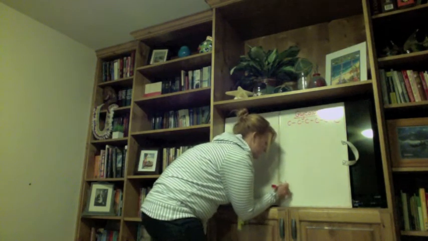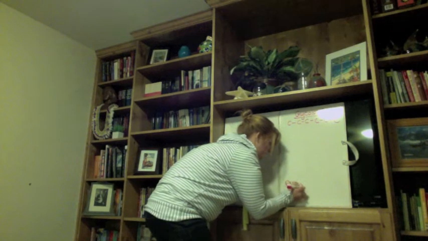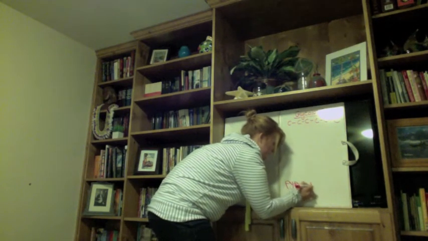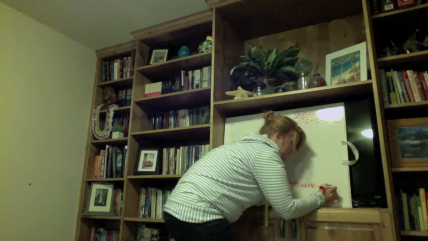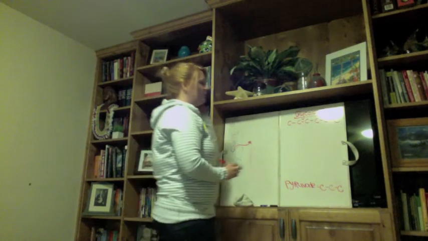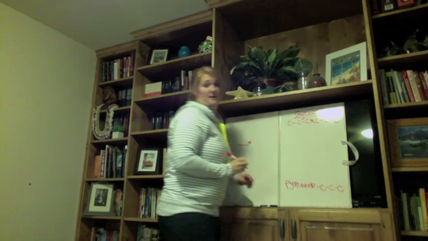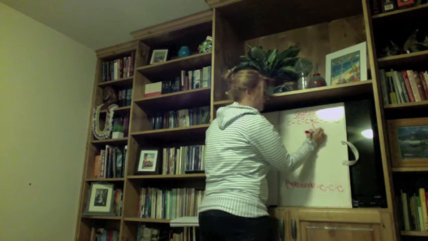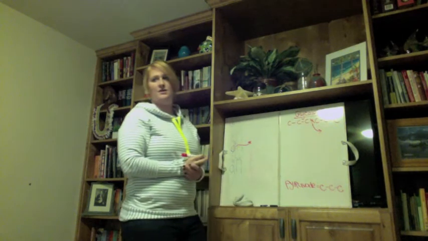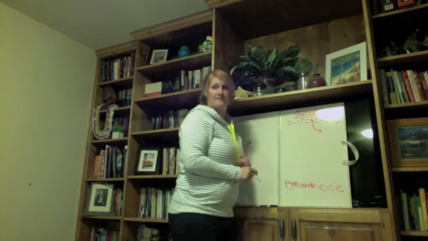Pyruvate. Do you remember what a pyruvate is? 3 carbons. Yep, exactly. So a pyruvate is 3 carbons bonded together. So what we're going to do is initially break that middle bond. What comes out of that middle bond when we break it? The energy.